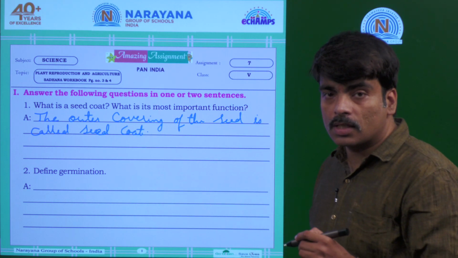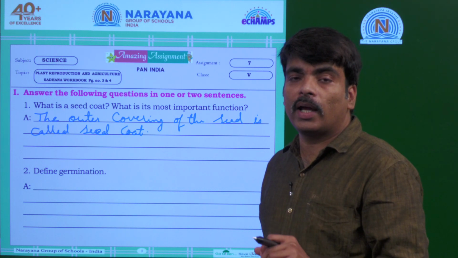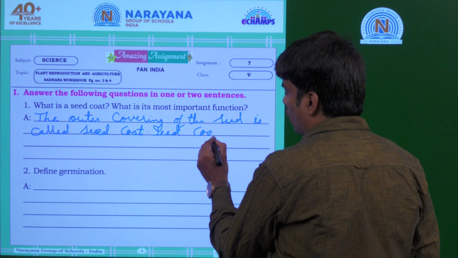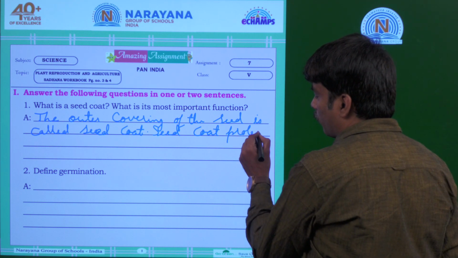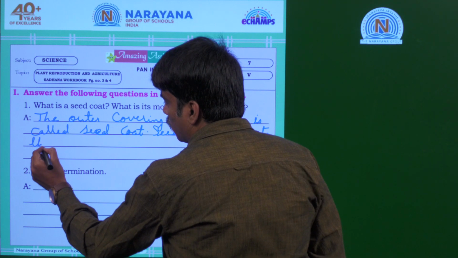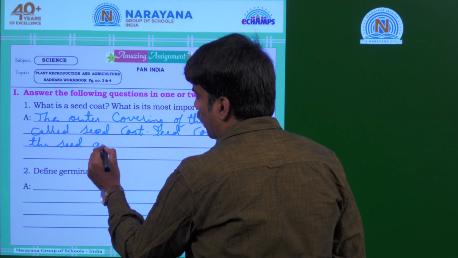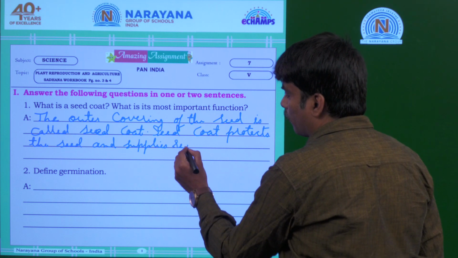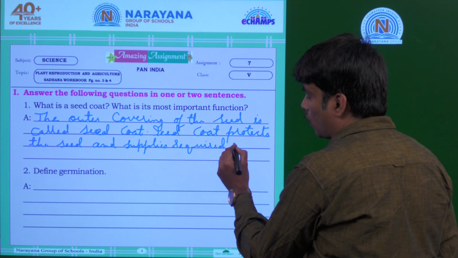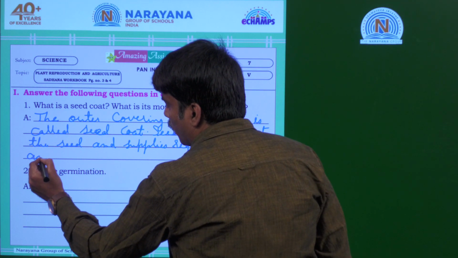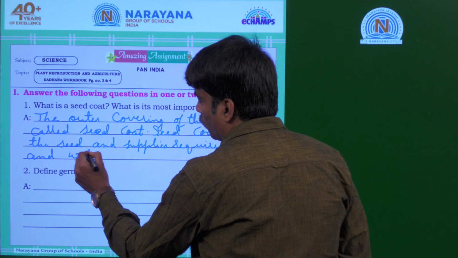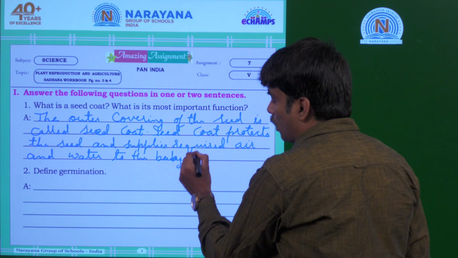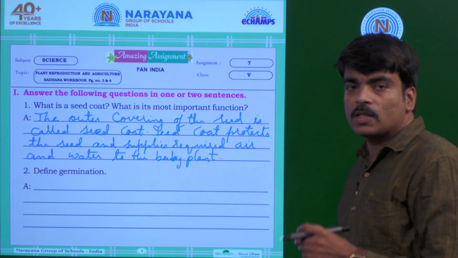What I have said about it: the seed coat protects the seed and supplies required air and water to the baby plant. This baby plant is present inside the seed.